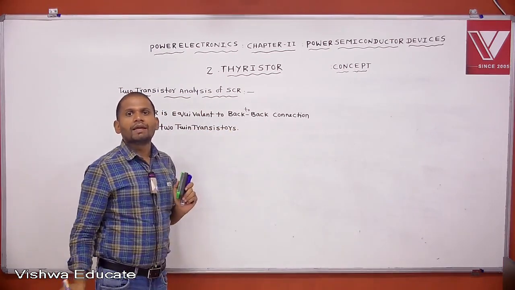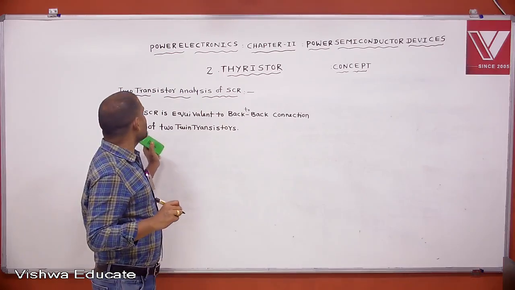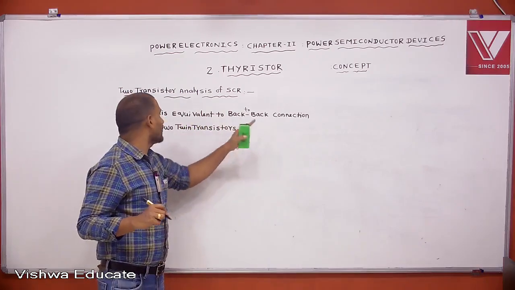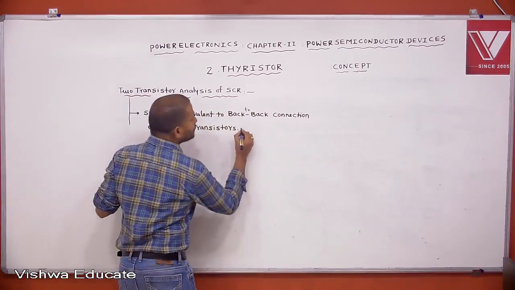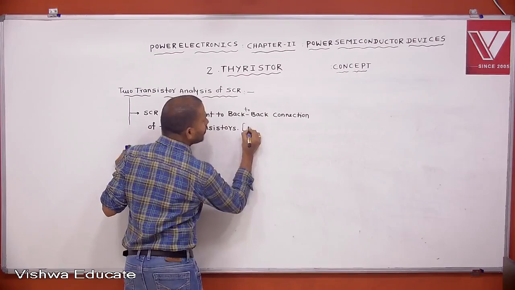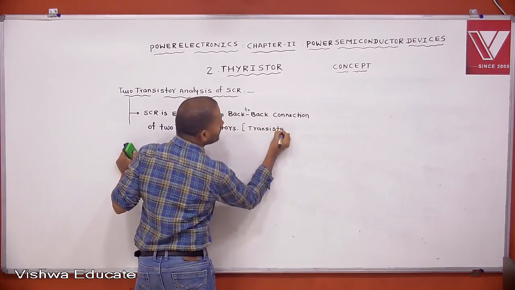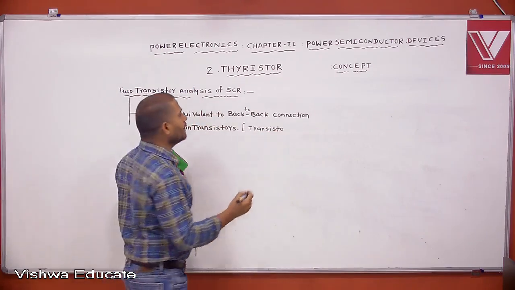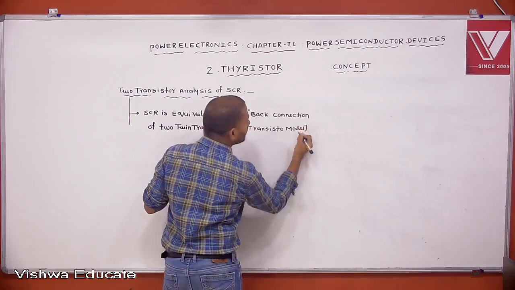PNP and NPN transistors are the twin transistors. That's why SCR is equivalent to back-to-back connection of two twin transistors. Or actually this is nothing but a transistor model. This is explained by the transistor model of SCR. Clear?